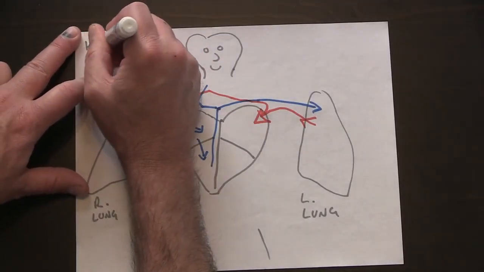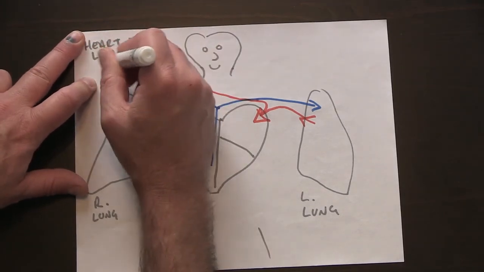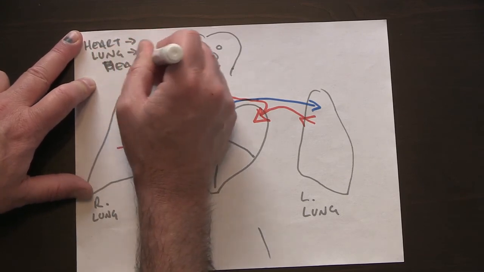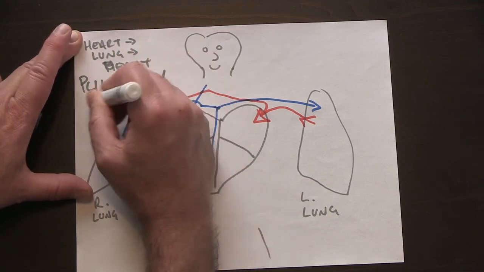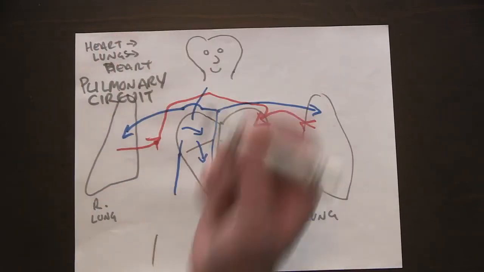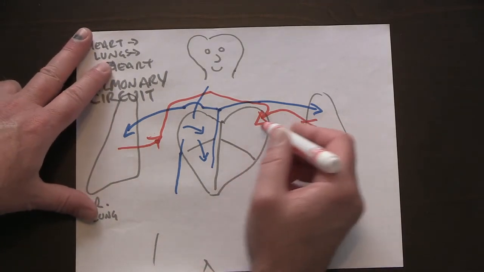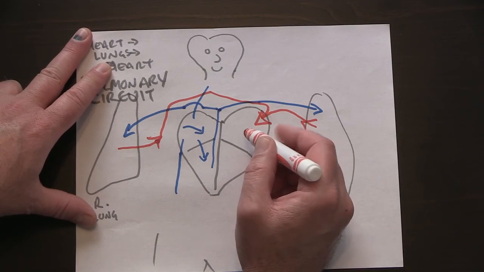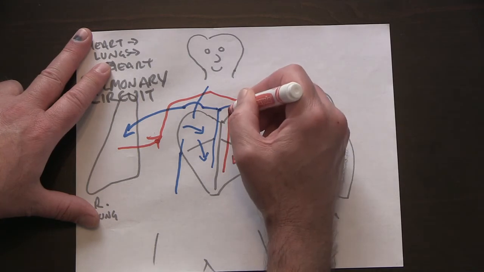So from the heart to the lungs and back to the heart is called the pulmonary circuit. So heart, lungs, and back to the heart again is the pulmonary circuit. Now that oxygenated blood is going to come in from the left atrium, left ventricle, and then go out to the body.